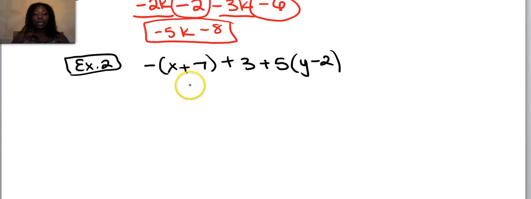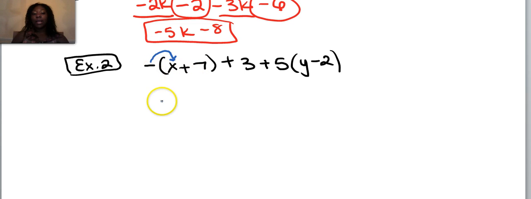But as you can see, the parentheses is already simplified, so you move on to the next thing, multiplication. Well, we have some multiplication. They are things in front of parentheses. Whenever you have a negative in front of a parentheses, you distribute it, and it's like multiplying by a negative 1. All that does is change the sign of what's inside the parentheses.